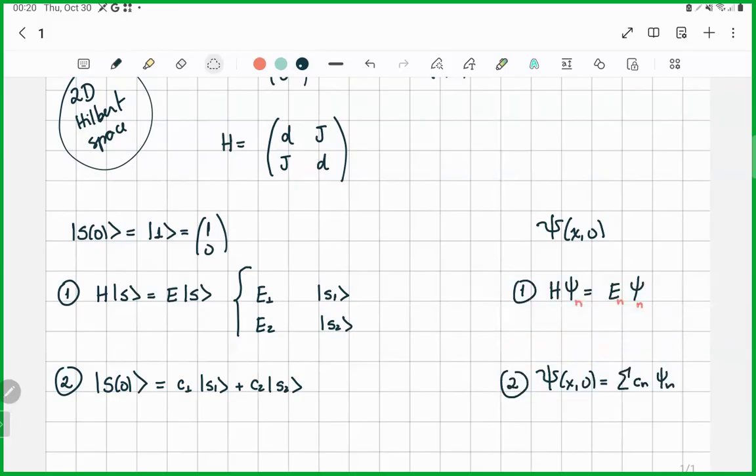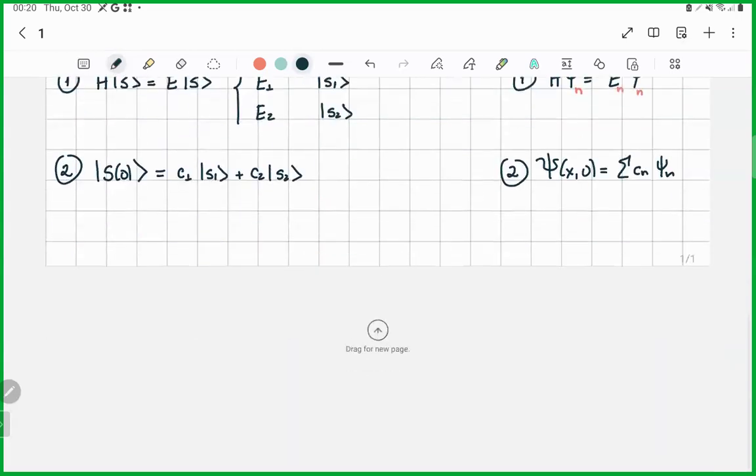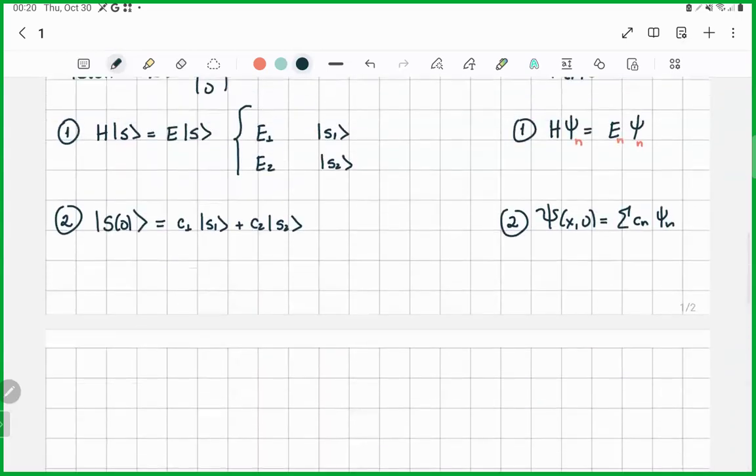And what was the last step in this story? Well, the last step was, now that we have the state written as a linear combination, we find the state later in time by attaching to each of these terms the corresponding energy.